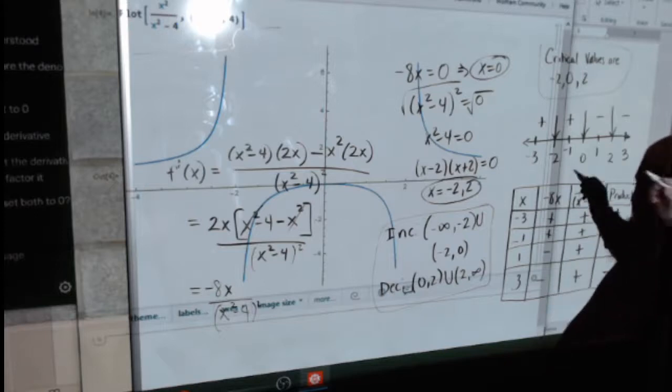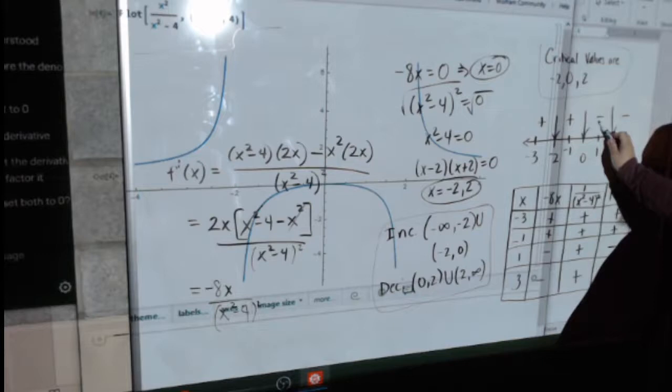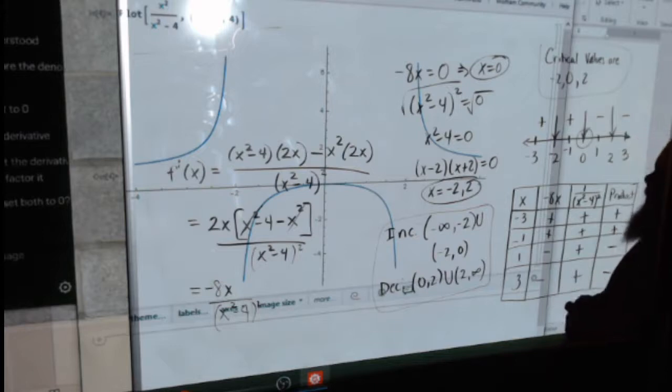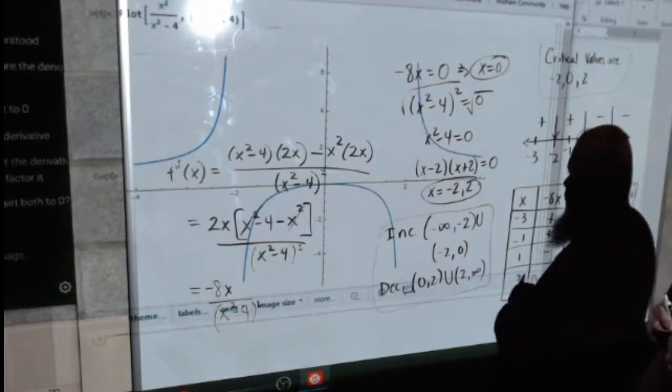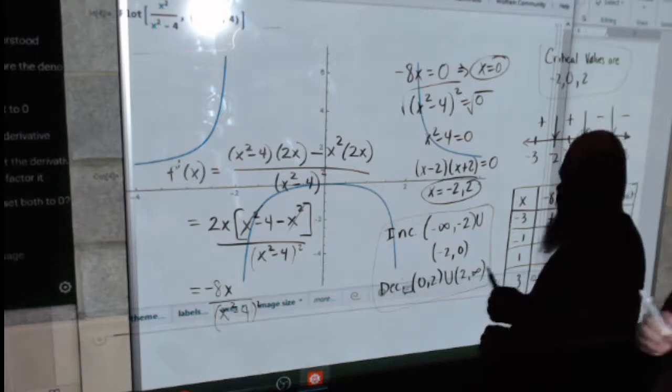Notice we had a sign change from positive to negative here. That means that this critical value is either a local max or a local min. So by local, we mean that it's either bigger or smaller than all the values around it.